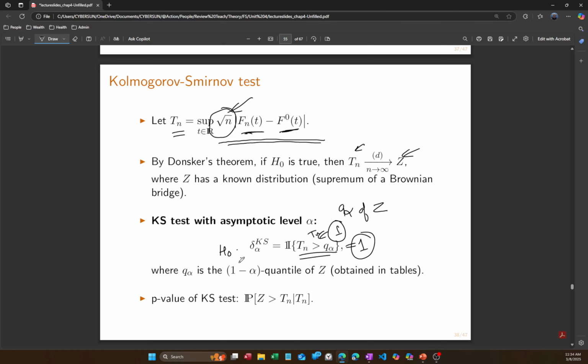Now, let's compute the p-value. The p-value is calculated as the probability that Z is greater than Tn given Tn.